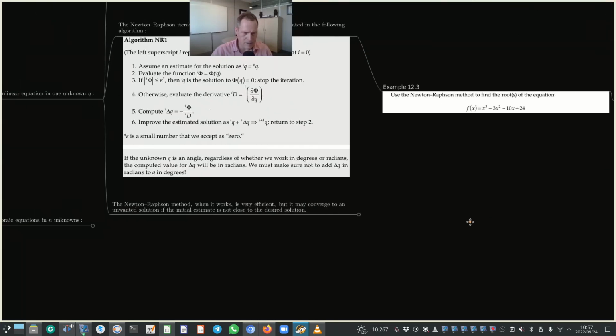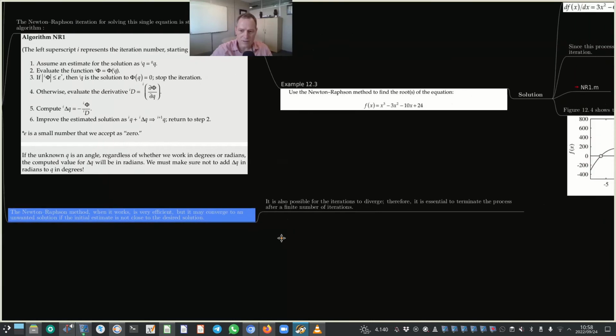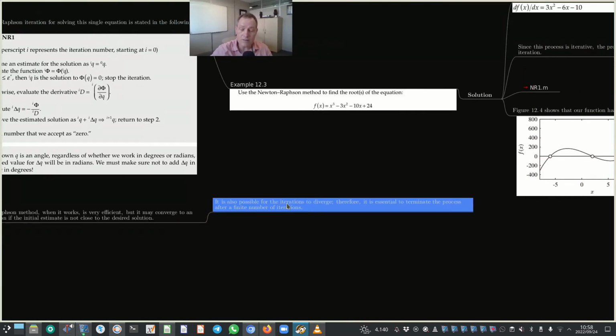Yes, it's actually this point I'm referring to. The Newton-Raphson method, when it works, is very efficient, but it may converge to an unwanted solution if the initial estimate is not close to the desired solution. We saw that as well. It is also possible for the iterations to diverge. Therefore, it is essential to terminate the process after a finite number of iterations.